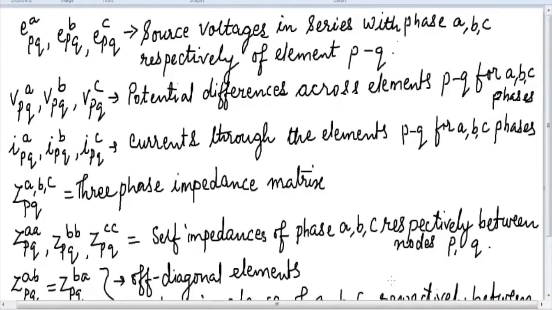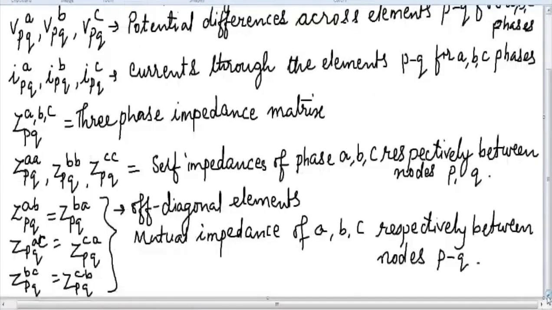I_PQA, I_PQB, I_PQC, these are the currents through the elements PQ for ABC phases. Z_PQABC is three-phase impedance matrix. Z_PQAA, Z_PQBB, Z_PQCC. These are the self-impedances of phases A, B, C respectively between nodes PQ.